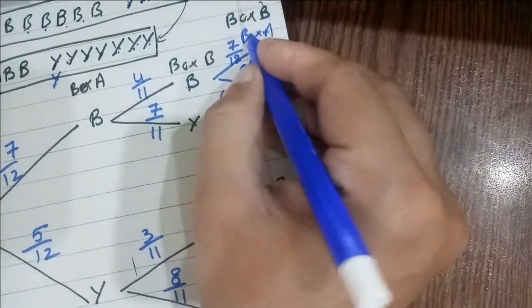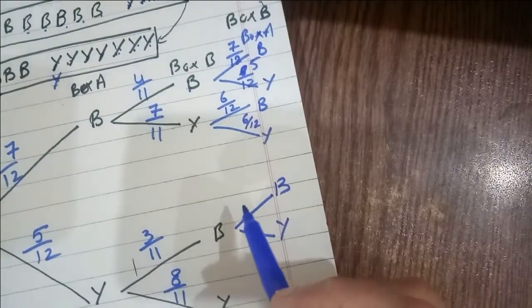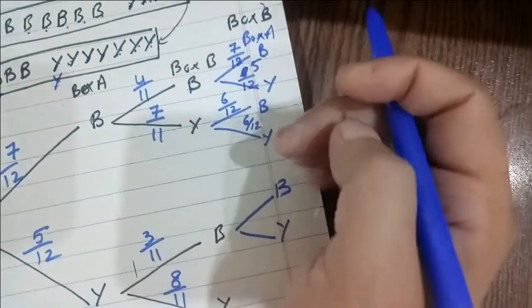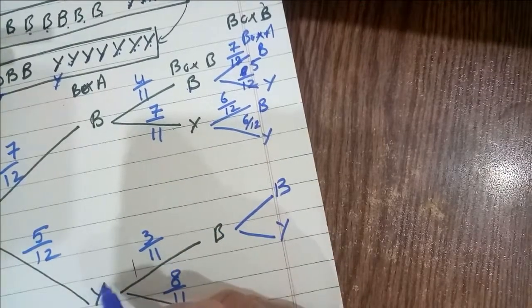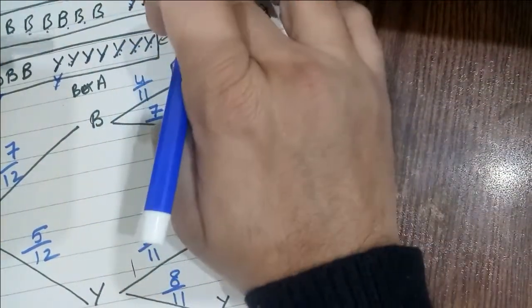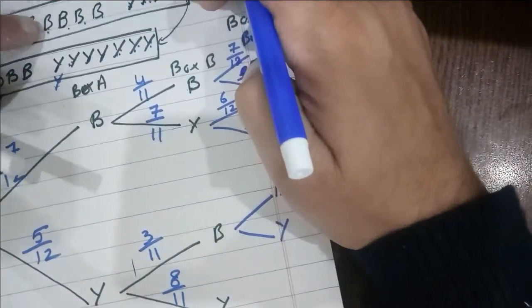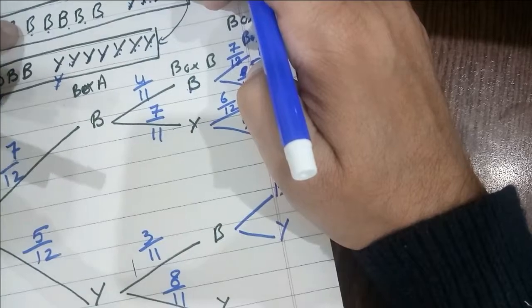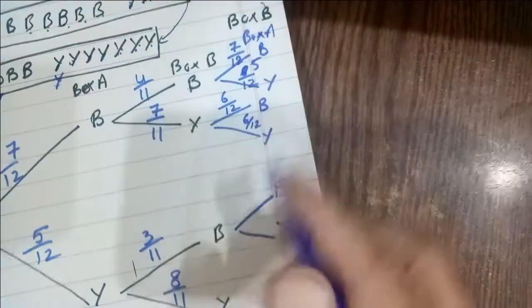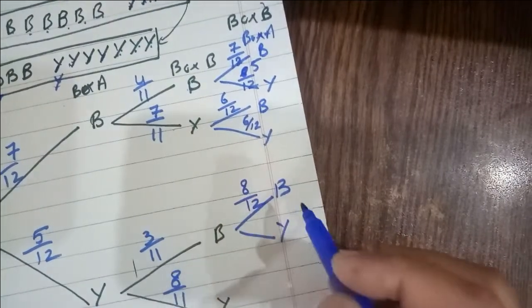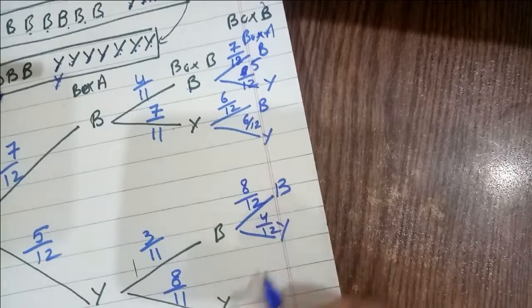Yes, box A. So yellow taken and blue added: the probability of getting blue will be 8 over 12, and for yellow, 4 over 12.